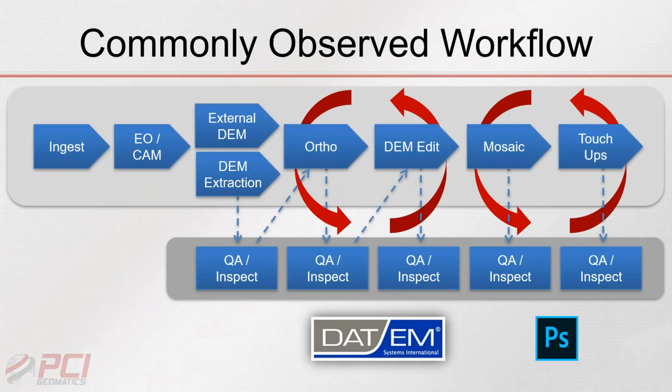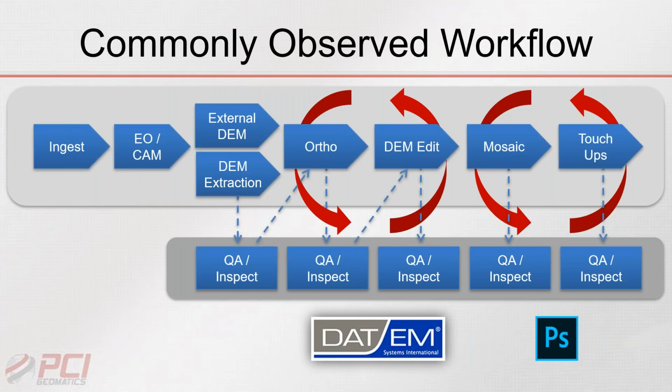I'd like to show this slide because this is something that we see quite a bit. We visit with many of our customers and find out what their solution currently looks like. You can see the red arrows and the blue arrows indicating that there's a cycle typically in the processing of aerial imagery, or satellite imagery for that case. Essentially, a user would typically start by ingesting raw data.